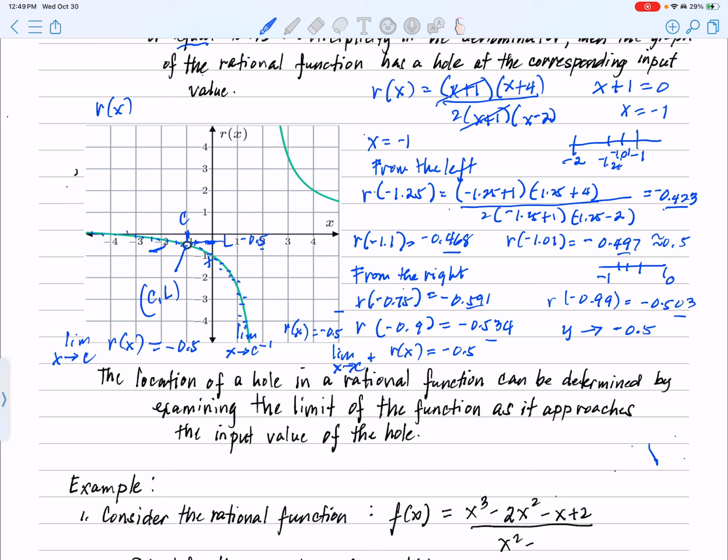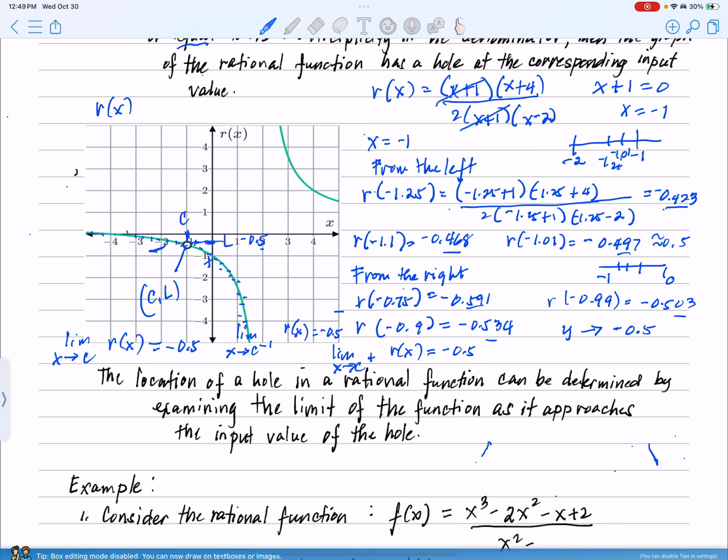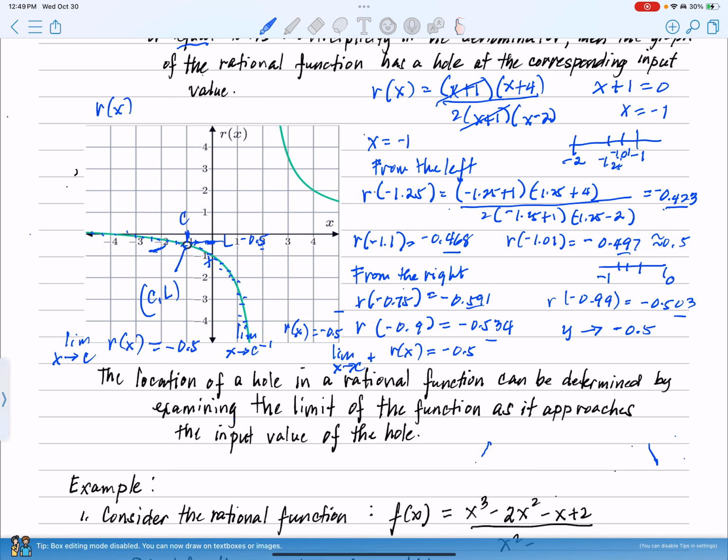Okay. It's easy to look for the coordinates if you have the graph. Then if you don't have it, do this process by computing and putting in input numbers that are very close to the x value of the hole to get the y value.